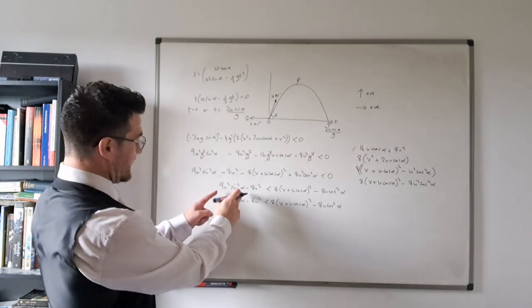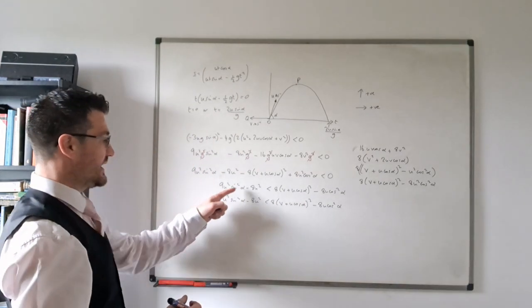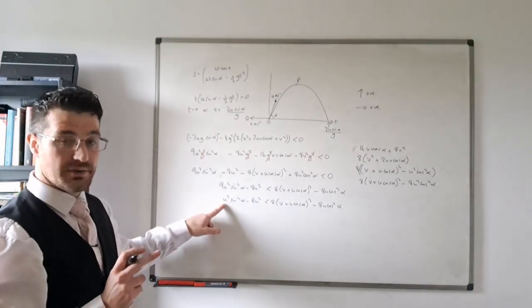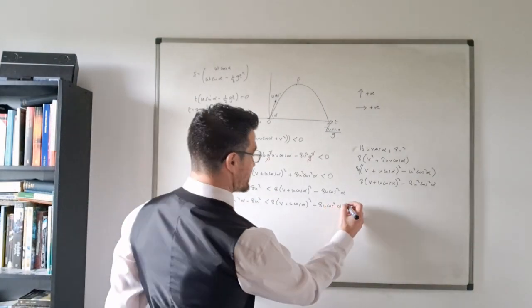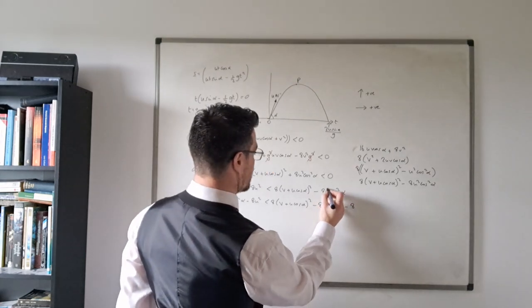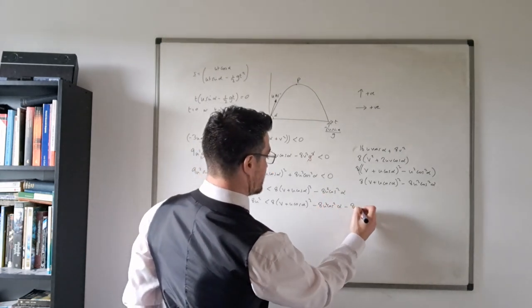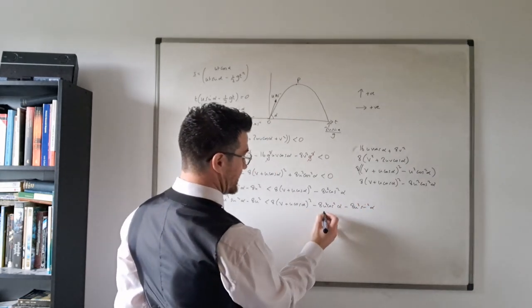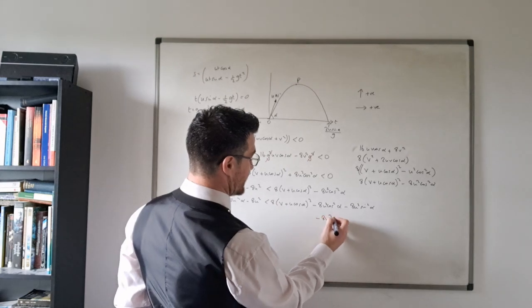So I've subtracted 8u squared sine squared alpha from both sides, I'm leaving 1 u squared sine squared alpha over here. So I get minus 8u squared sine squared alpha.